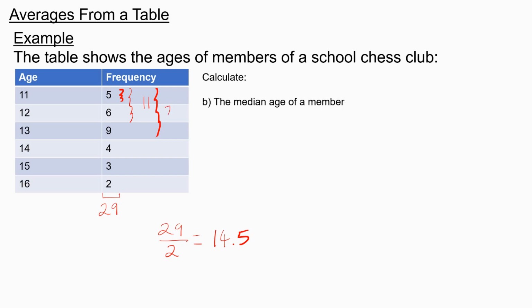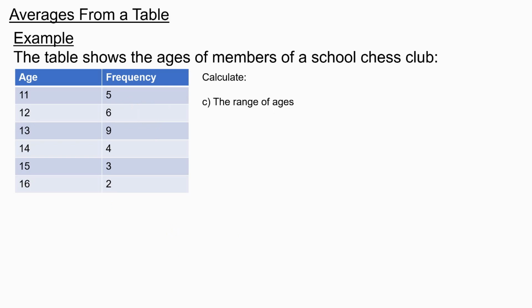So the first 11 are in the first 2 rows, and the first 20 are in the first 3 rows. So that means the 14.5th value, which is the median value, is going to be somewhere in the 3rd row, which is for someone who is 13. So I can say the median age of a member is 13.